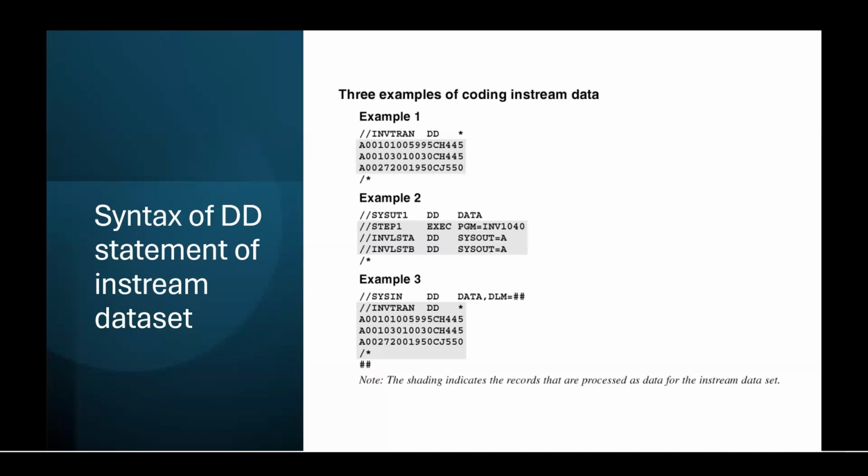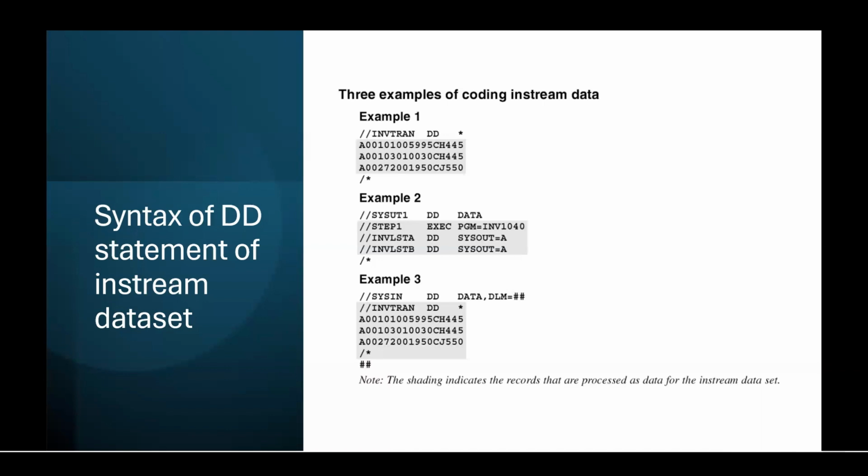Since a subsequent JCL statement marks the end of the in-stream dataset, what do you do if you want to include JCL statements as part of the in-stream data? You use the DD DATA statement. When you specify the DATA parameter instead of an asterisk, you must code a delimiter statement to mark the end of your data. That way, JCL statements can be read as data.